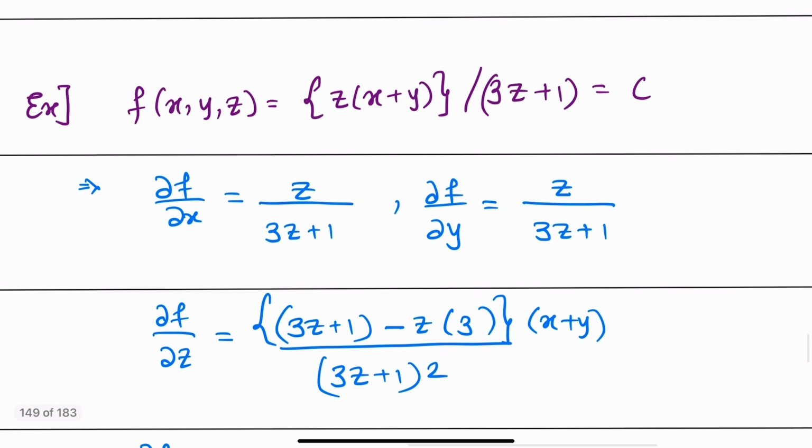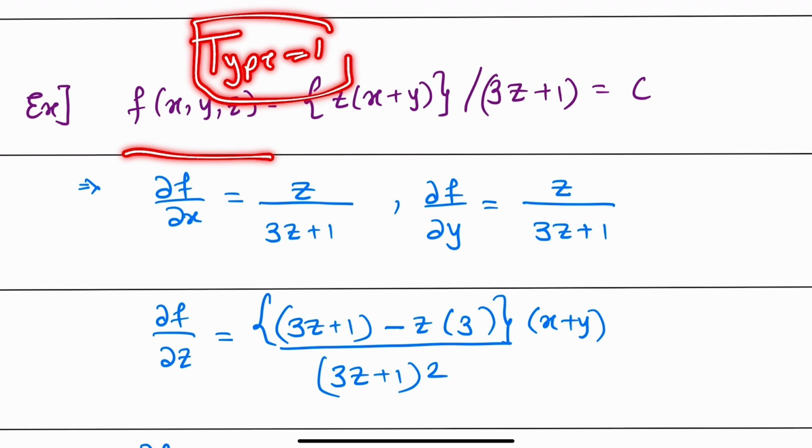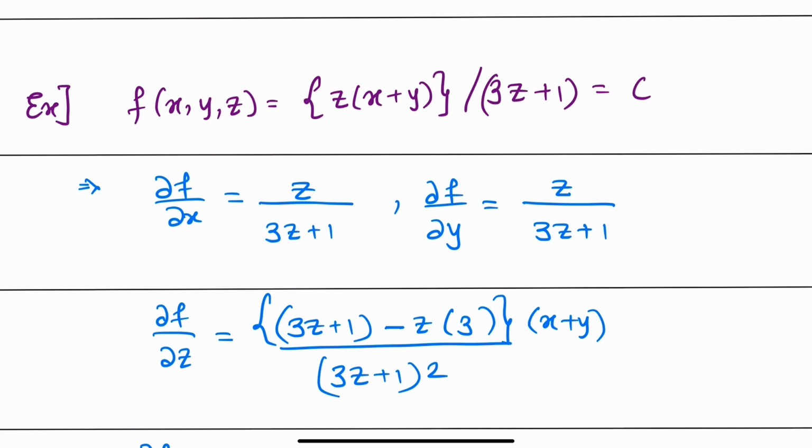Let us say we are given a function f as z into (x plus y) whole divided by 3z plus 1 equals c. Now, if you observe here, we are not given a partial differential equation but a function. So it is of type 1 and we are asked to find the orthogonal surface to it.